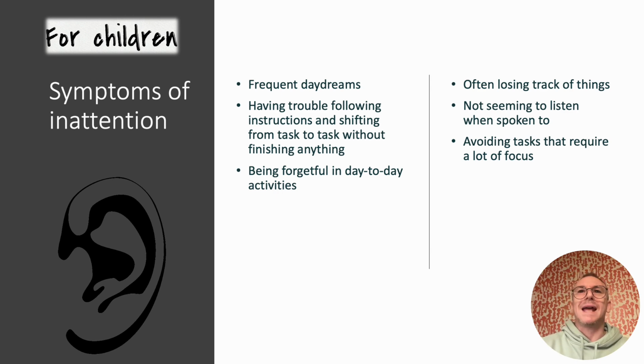Issues in terms of staying at one activity, not seeming to listen when spoken to, and avoiding tasks in an early years setting or in a school that require a lot of focus, just avoiding those tasks.